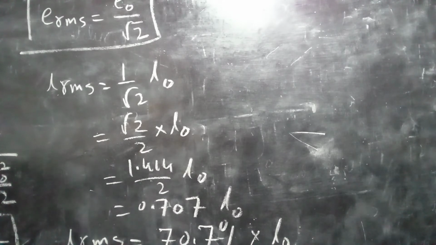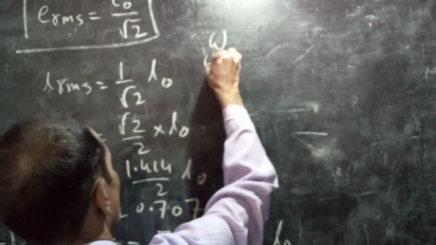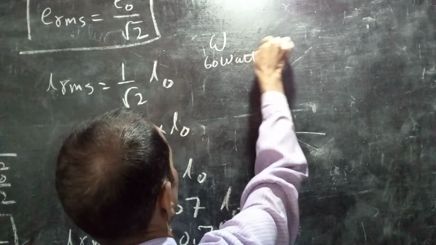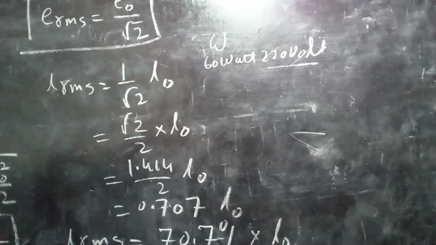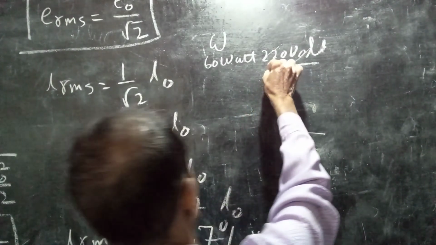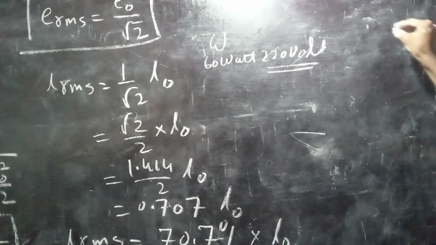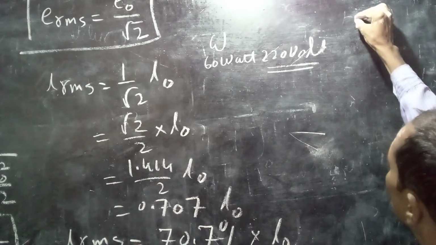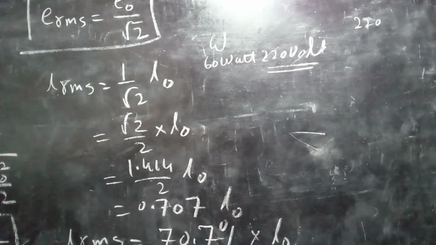If a bulb is rated 60 watt, 220 volt, this voltage is the RMS value. The mark on the appliance is the RMS voltage. So 220 volt is the RMS voltage, not the peak value.